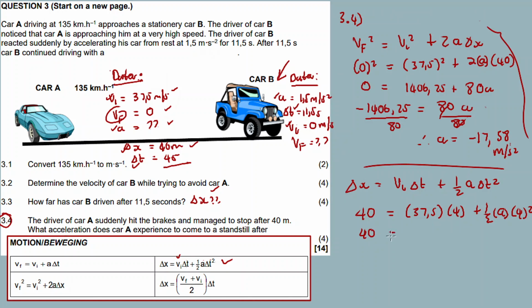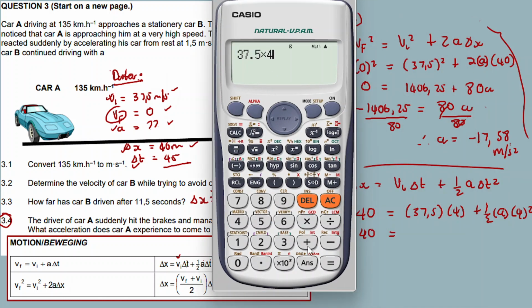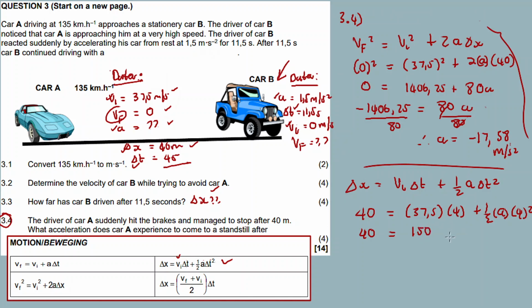So it's 40 equals 37.5 times 4, which gives us 150, plus 1/2 times 4 squared, that's 8a. Then 40 minus 150 is equal to 8a, a total of negative 110 equals 8a.